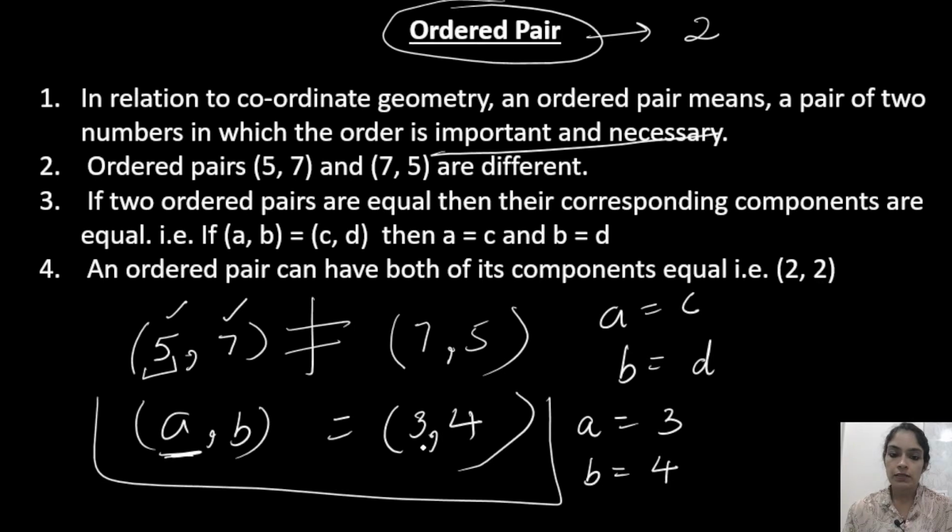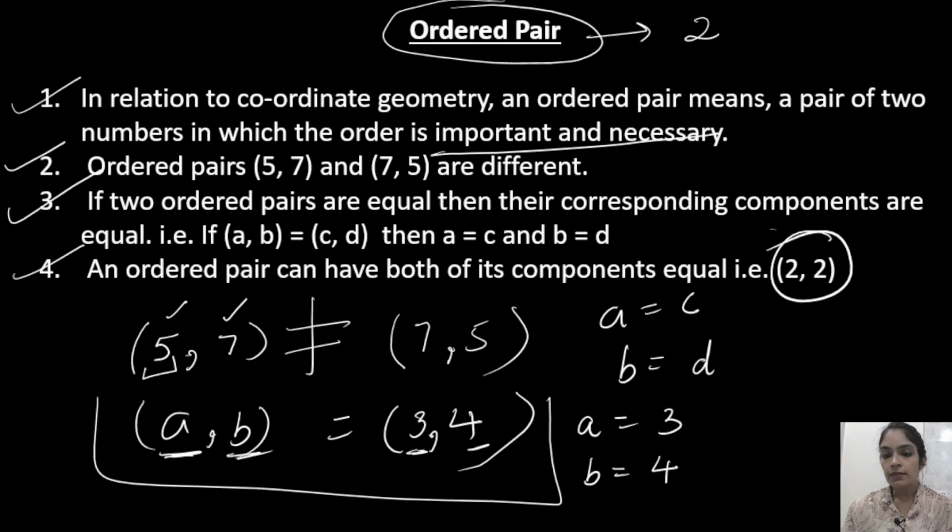So in an ordered pair, first of all, order is important. If we change the order, the ordered pair becomes different. Then corresponding components are equal. In an ordered pair, both elements can also be the same. These were the few points you have to remember about ordered pairs.